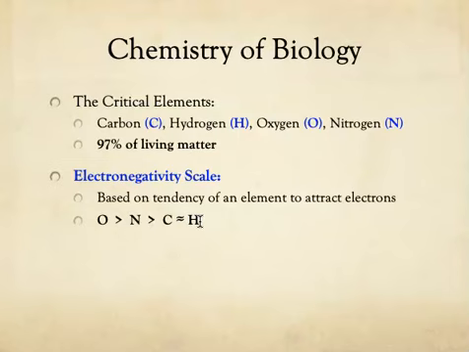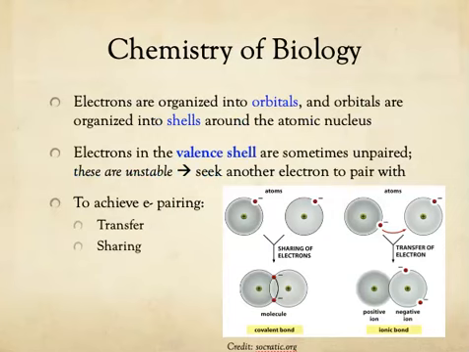And again, that means that they have a low tendency to attract electrons to themselves within a molecule. Now, why do we care about that? Why do we care about the electronegativity scale among those 4 elements? Well, it's going to help us understand how those elements are going to behave when they're combined into biological molecules.